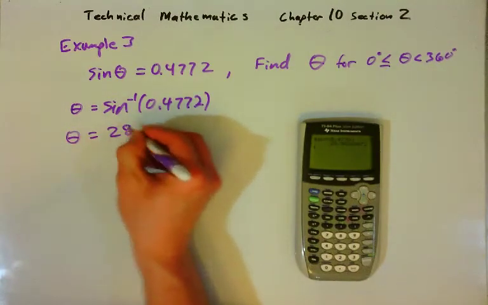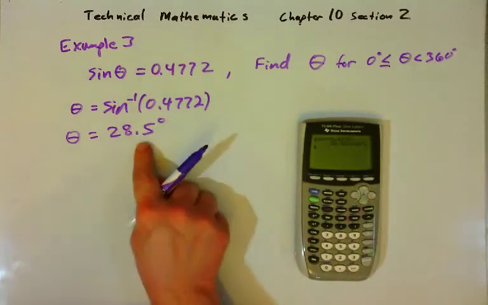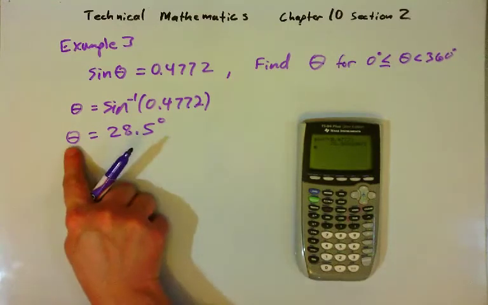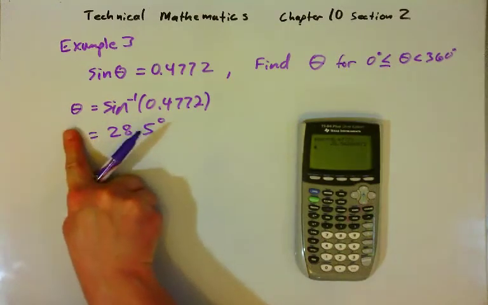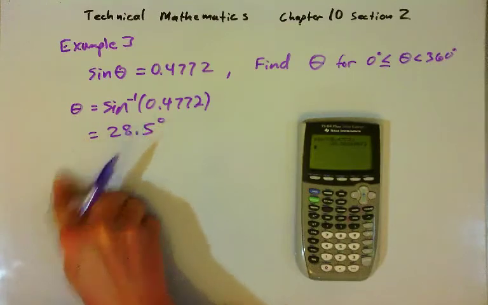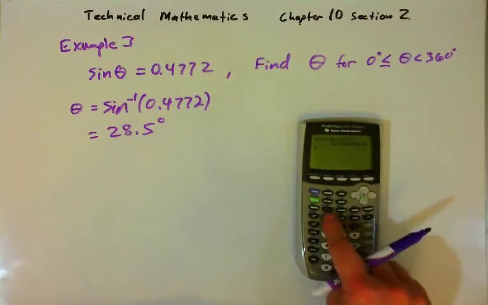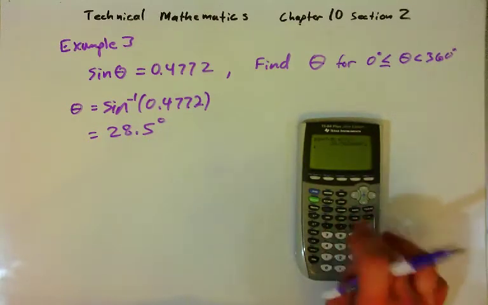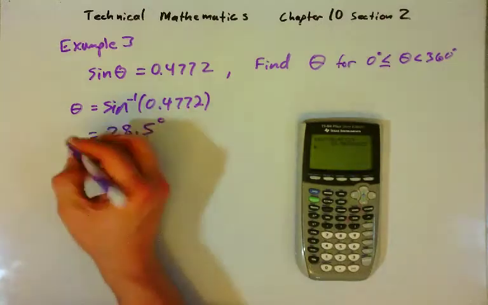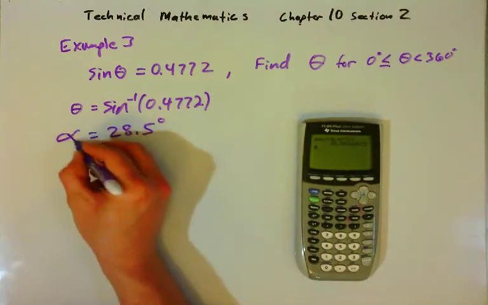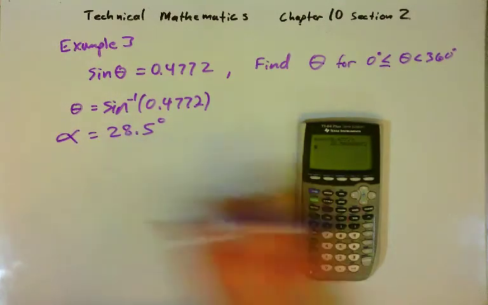Theta is equal to 28.5 degrees. Now, this is not actually theta. When your calculator gives you an answer for the inverse sine, inverse cosine, or inverse tangent, your calculator is always giving you an answer for alpha, the reference angle.